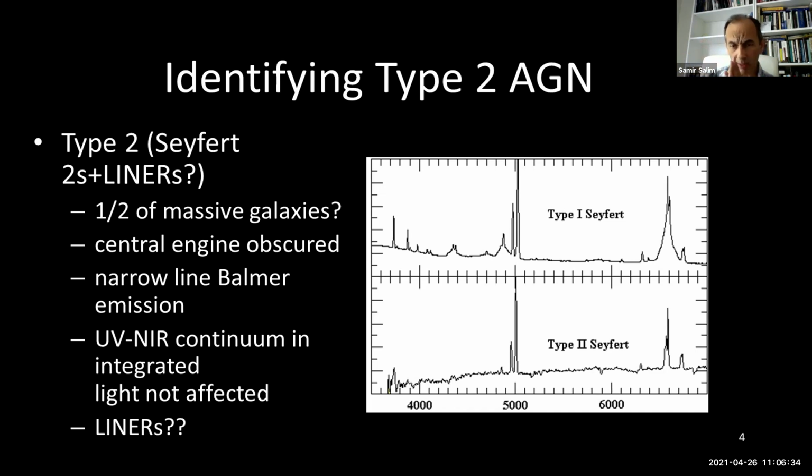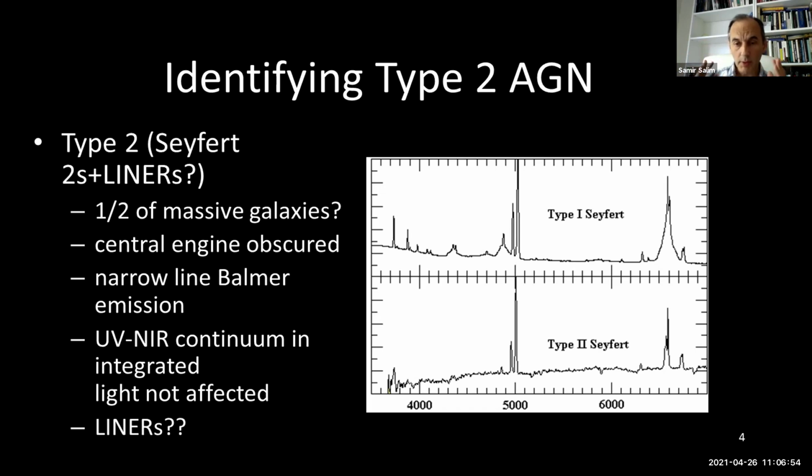So what we actually end up seeing are mostly just narrow lines, including emission from Balmer lines and also from forbidden lines. Okay. And unlike for type 1 AGN, we no longer have the problem that the continuum is being affected by the bluish light.